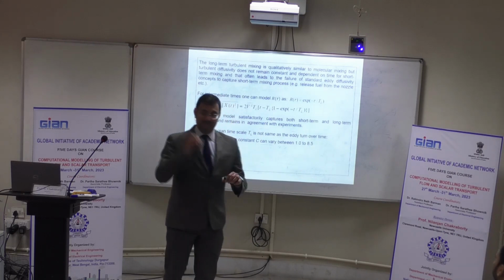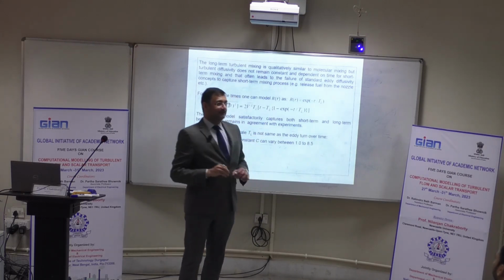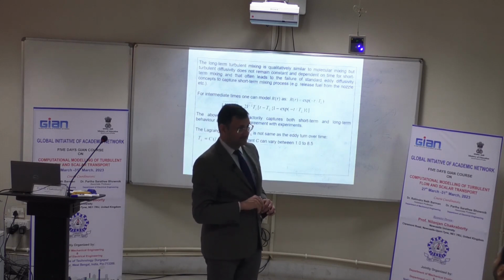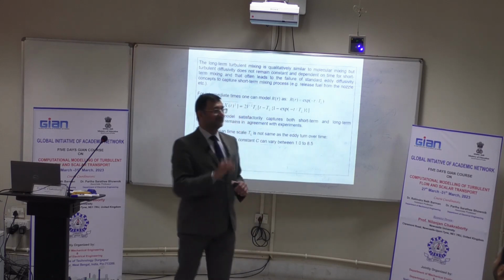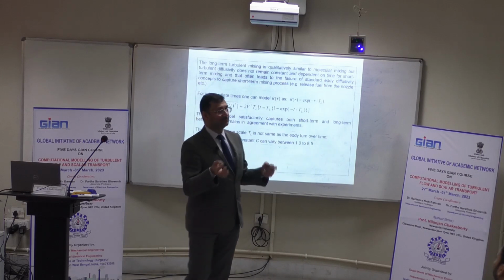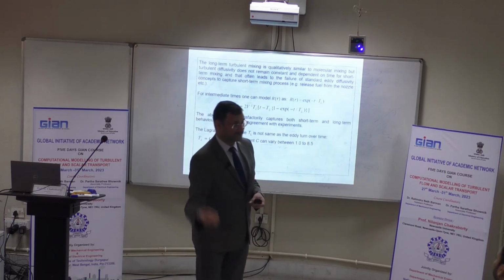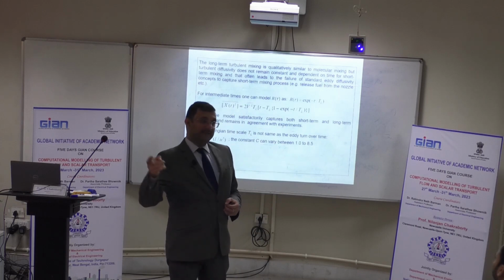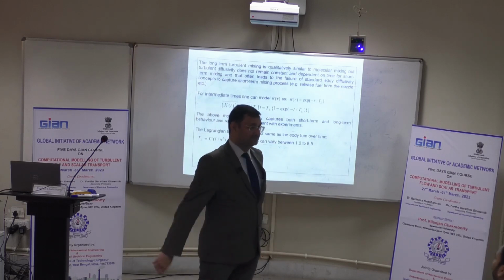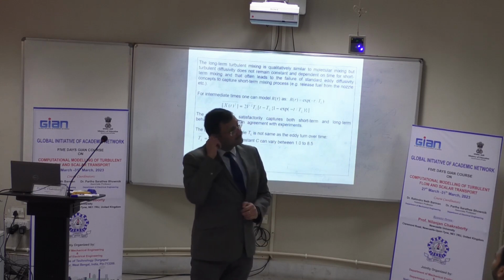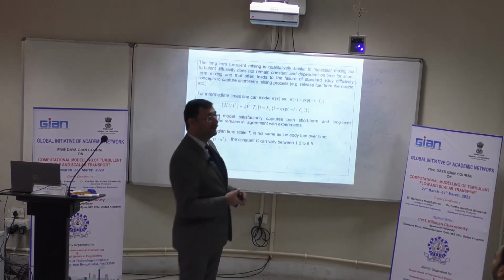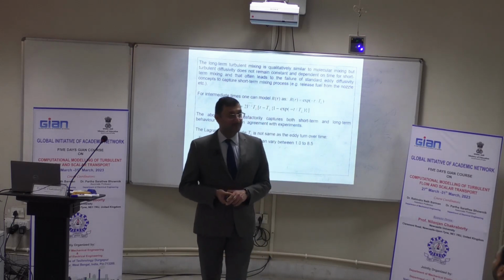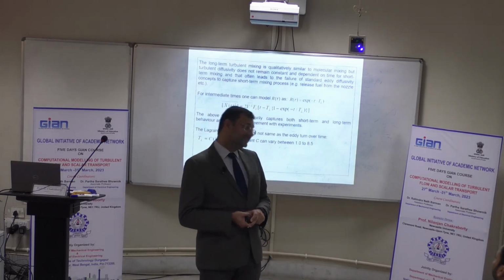So if you have a nozzle from where something is injected in your domain, and you are using the eddy diffusivity concept, and you are trying to find out the mixing pattern very close to the nozzle, it doesn't matter what turbulent Prandtl number or turbulent Schmidt number you are using, you may not get the correct result.